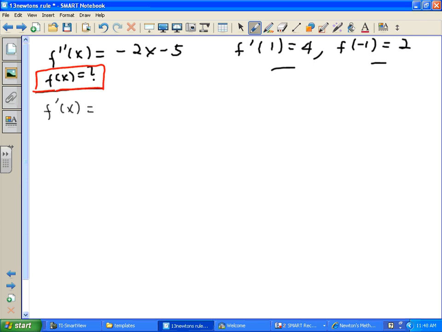Now let's begin with f prime. If you know f double prime, to get f prime, you antidifferentiate once, correct? So let's do that. So take the antiderivative of negative 2x minus 5. At this point, I'm going to use the given information. Since f prime of 1 is 4, I will plug in 1 everywhere I see an x.